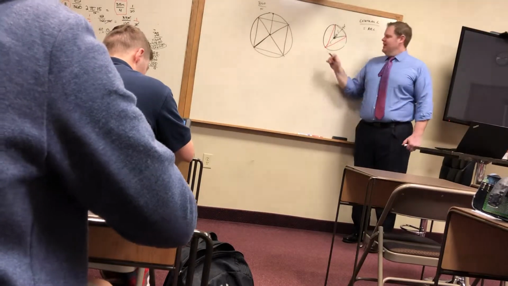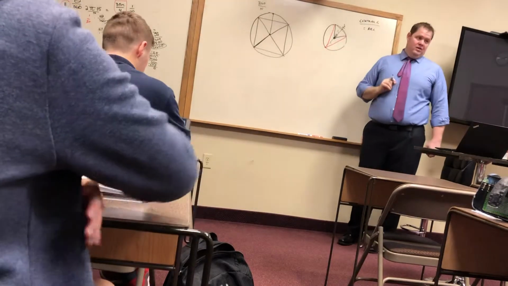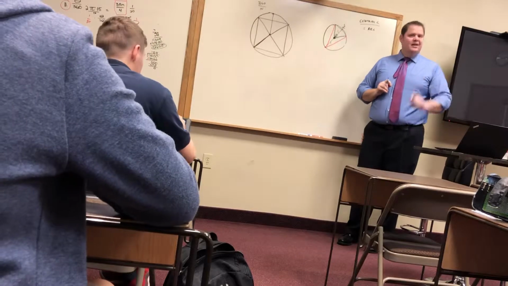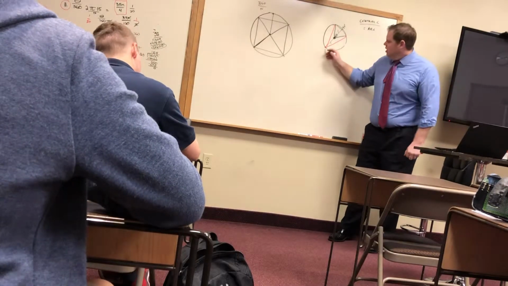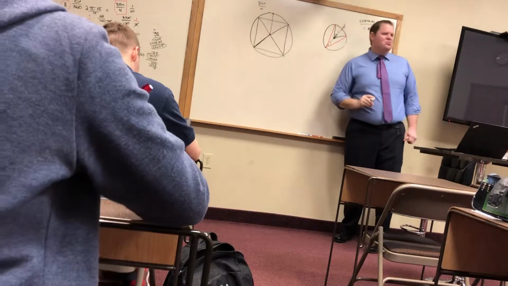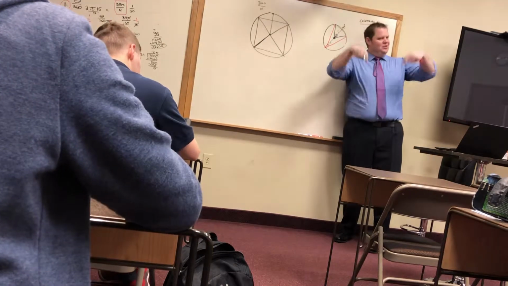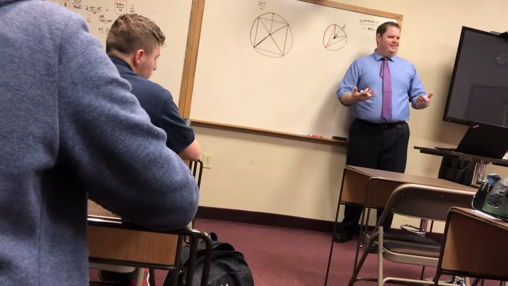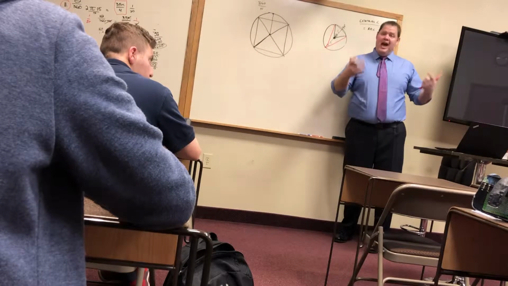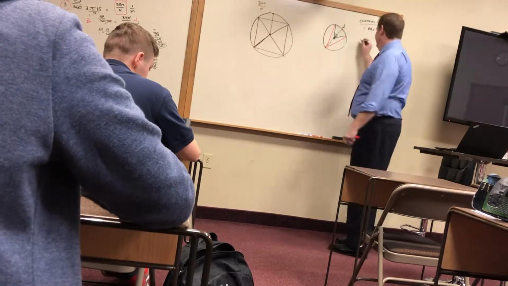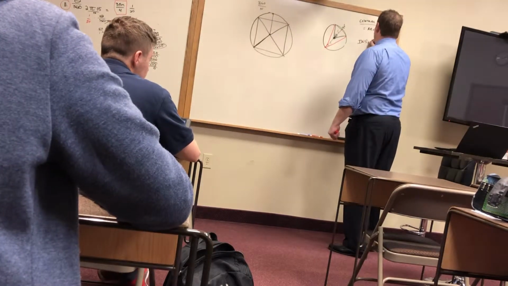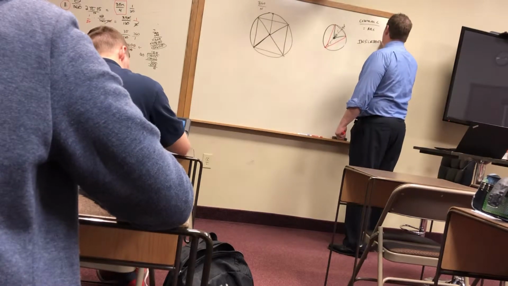So, question. What's going to be bigger, the inscribed angle or the arc? The arc. And how much smaller is this angle going to be? 2 times smaller, or 1/2. Does that make sense? So when you have an inscribed angle, write this down, this is the equation. Inscribed, where does it start?